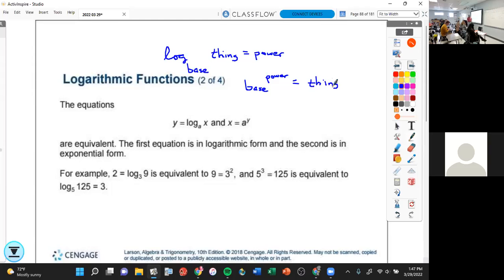The thing. Okay. Wait, so are log and the thing the same? Look, base, base, power, power, thing, thing. Oh, okay. They're inverses of each other.